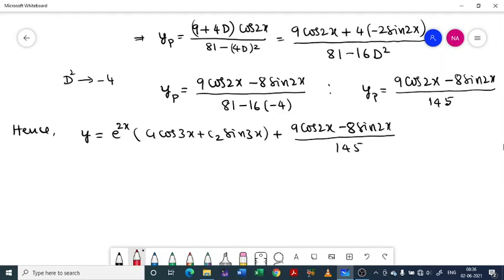Next, problem B. y double dash plus 9y equal to cos 2x into cos x.